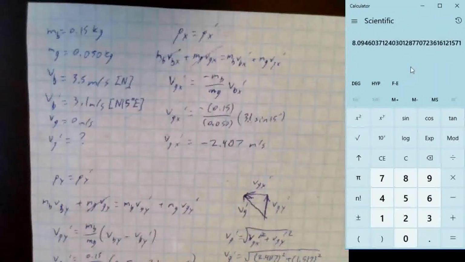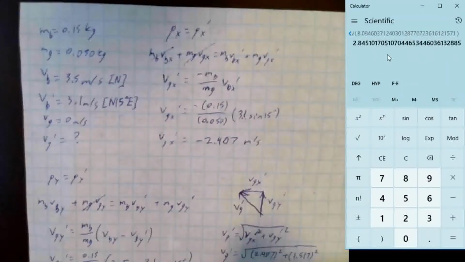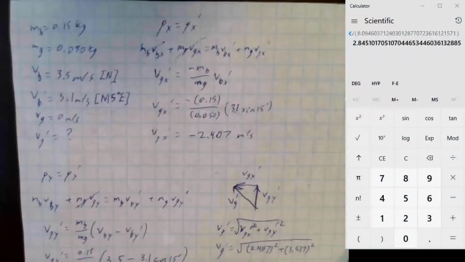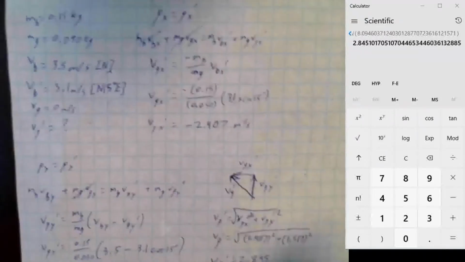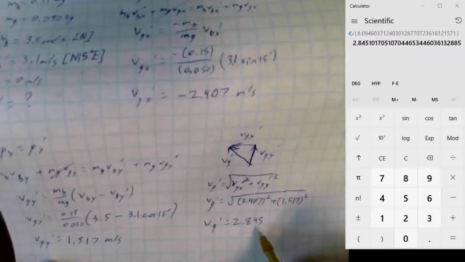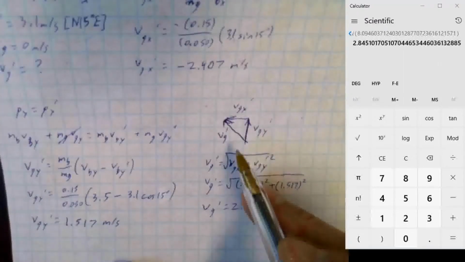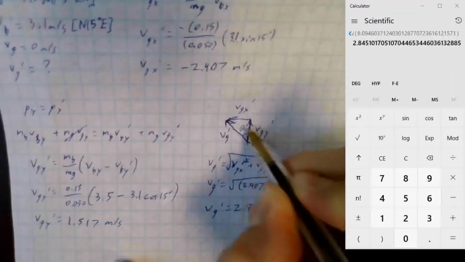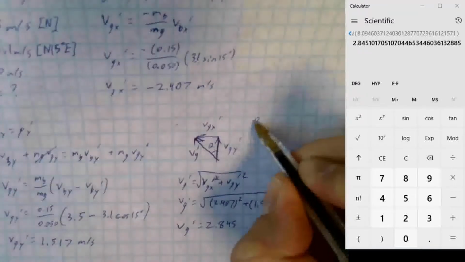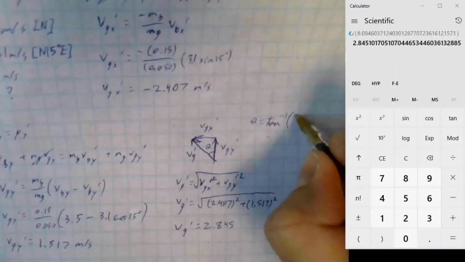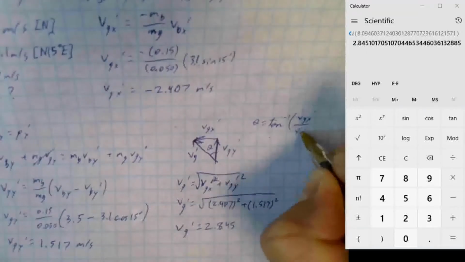The sum of those is 8.09. I find the square root of that sum. I end up with 2.845. And when I round for significant figures, that will be 2.8. But before I do that, I need to do one last calculation because I need to find out what this angle is. And that angle is the inverse tangent of VGX prime over VGY prime.